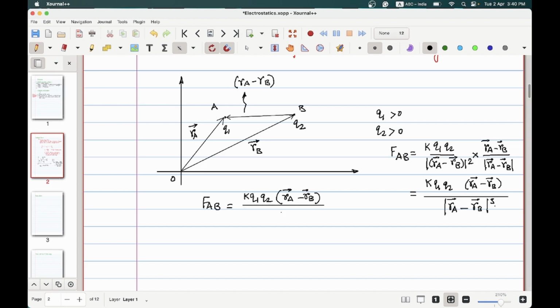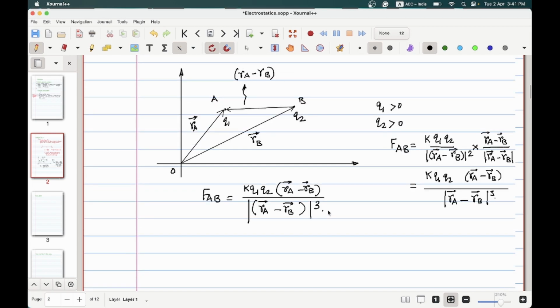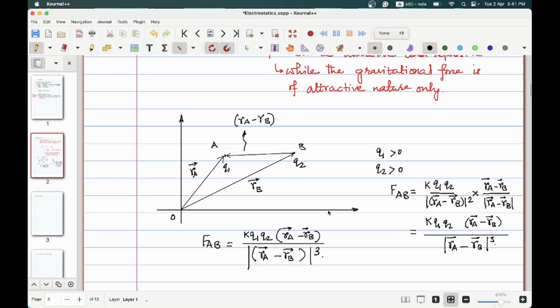I'm not going into a deeper section because this is the basic for your WBJEE examinations.